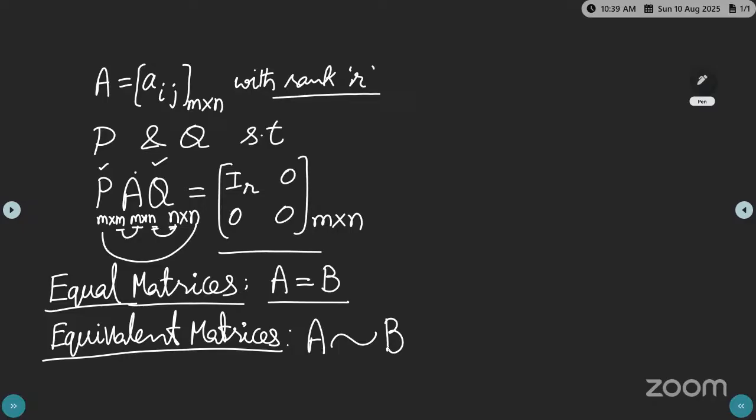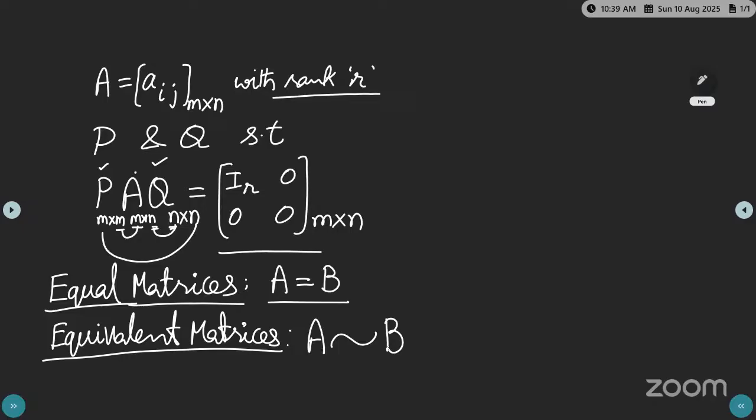Okay, so by using the row or column transformations or both, what is not going to be changed? Rank is not going to be changed. Am I right or not? So what you can say, if two matrices are equivalent, they are of same order and their rank is same. Write it.